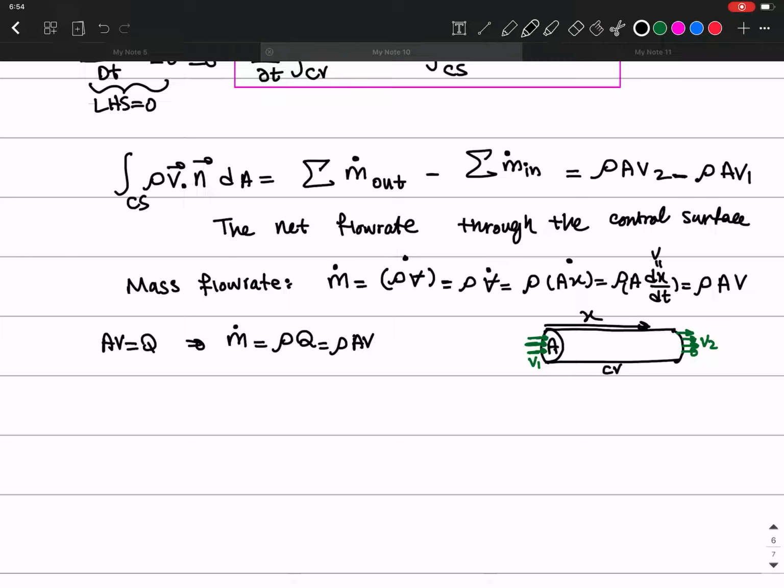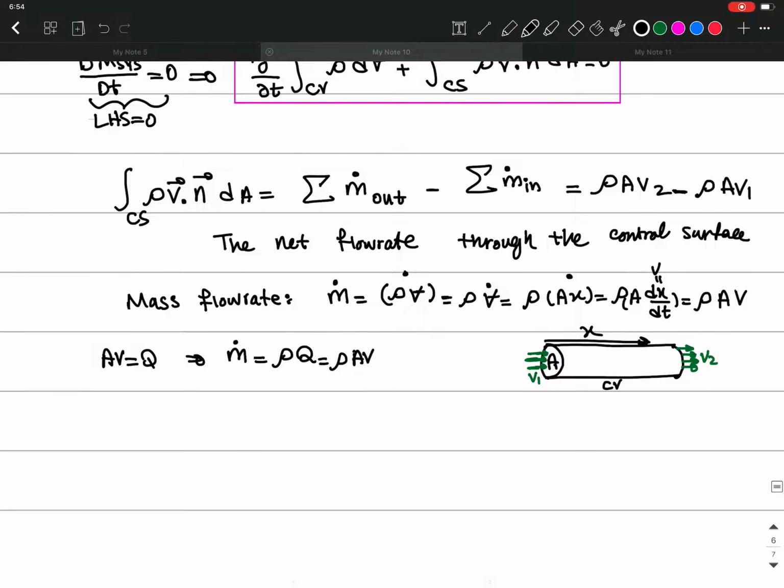So another note I want to make is, based on this term, we can also define an average velocity. So let me define that, especially for some pipe flows, the velocity is not necessarily constant, right?